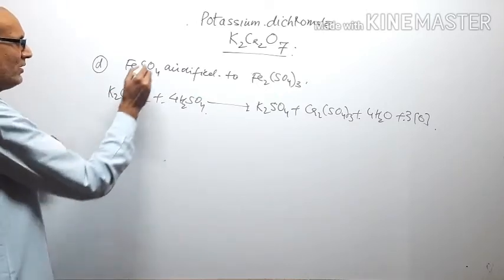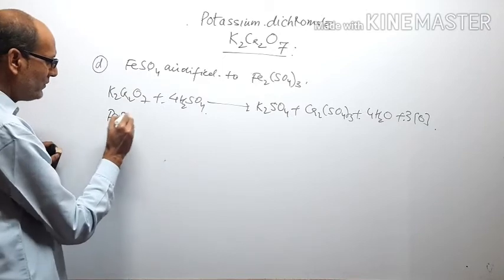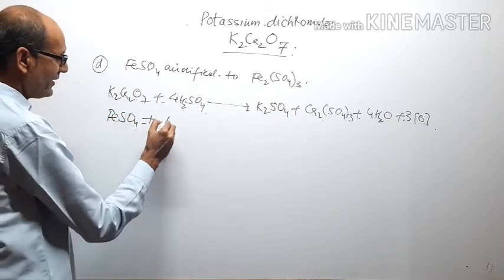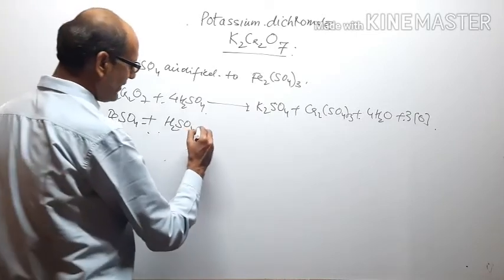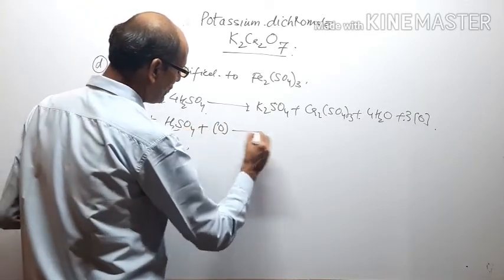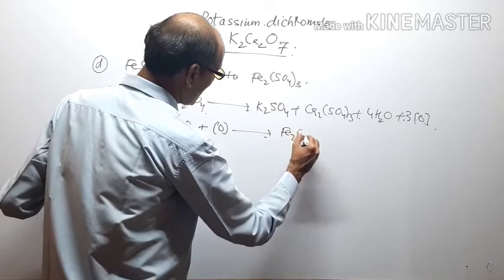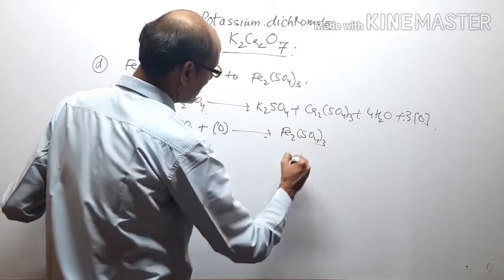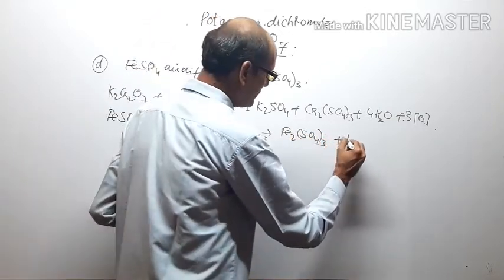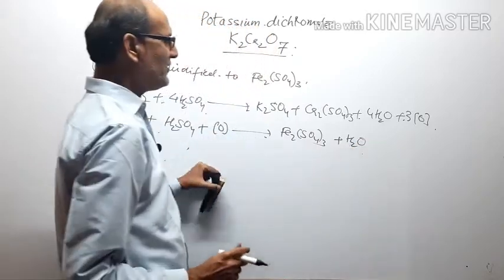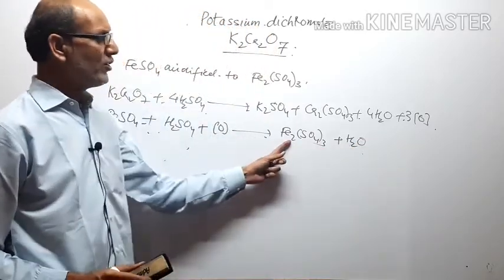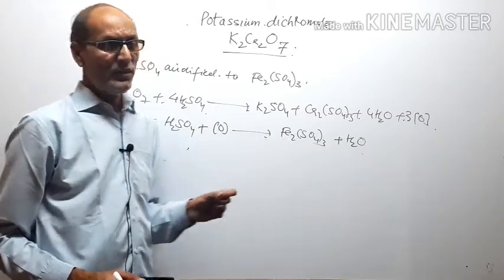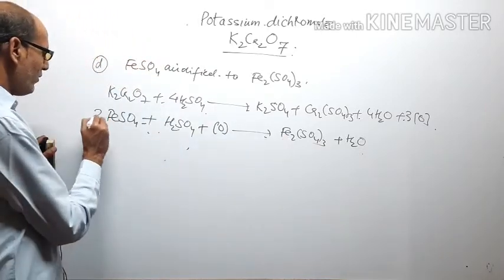So now FeSO4, in the presence of acid, we are using H2SO4, and oxygen. So we will get Fe2(SO4)3 plus H2O. First of all, we have to balance this equation, equation number 2. As you are seeing, there are 2 iron, so we will take 2 FeSO4.